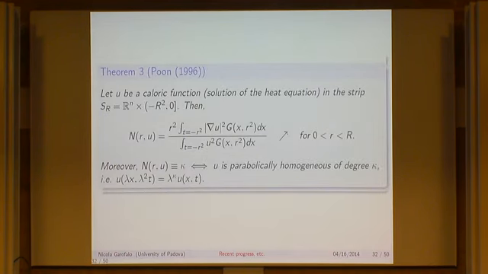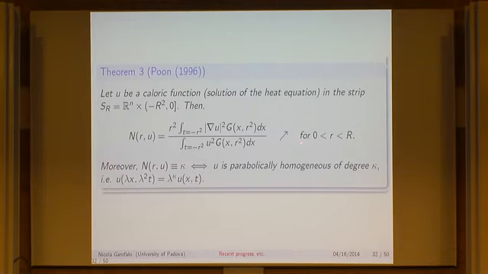So suppose you take a solution of the heat equation, a caloric function, in the strip R^n cross (-R^2, 0). So this is the time variable here, the time interval. Then this quantity here, so you're integrating on time slices. At time t equal to -r^2, you're integrating only in space. So this quantity here as a function of r is monotonically increasing.